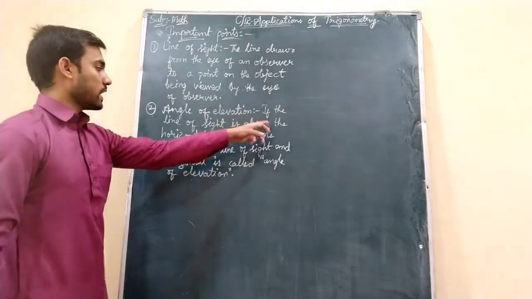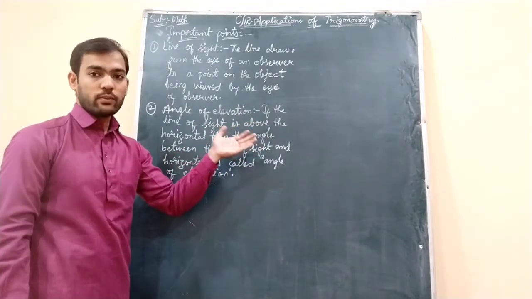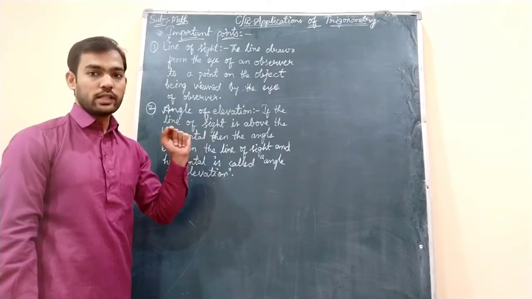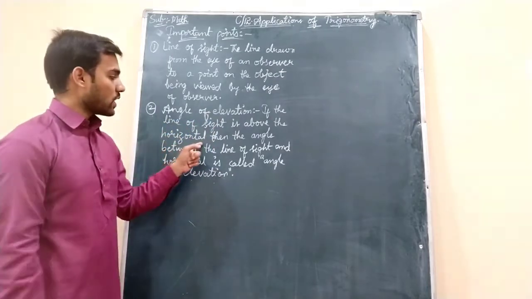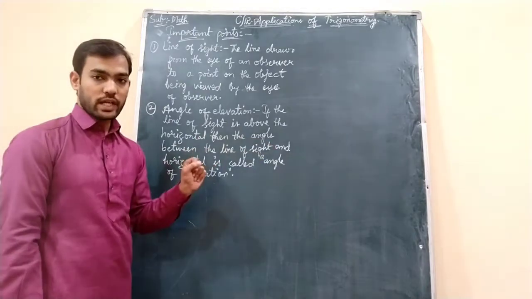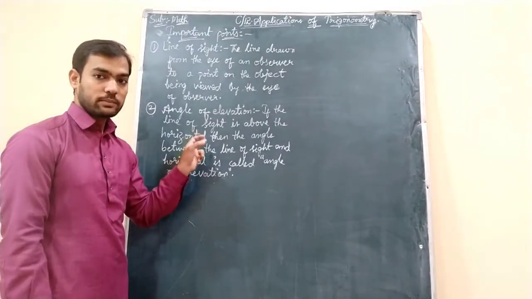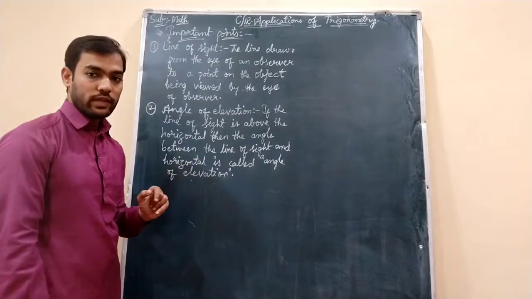Okay students, if the line of sight is above the horizontal, whenever we see the angle, we will see it with reference to the horizontal line. The angle between the line of sight and that particular horizontal is called angle of elevation.